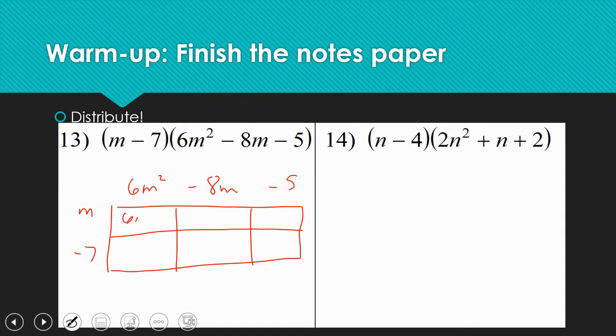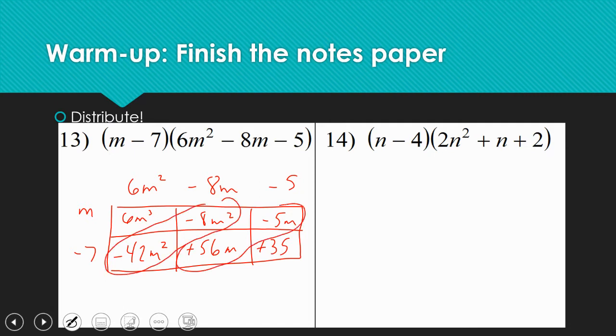So now I'm going to do my multiplication. So this is 6m to the third minus 8m squared minus 5m. Notice the powers are all getting one smaller. Now I'm going to multiply the bottom. Negative 42m squared plus 56m plus 35. And so if you'll notice on these, the diagonals are the same.